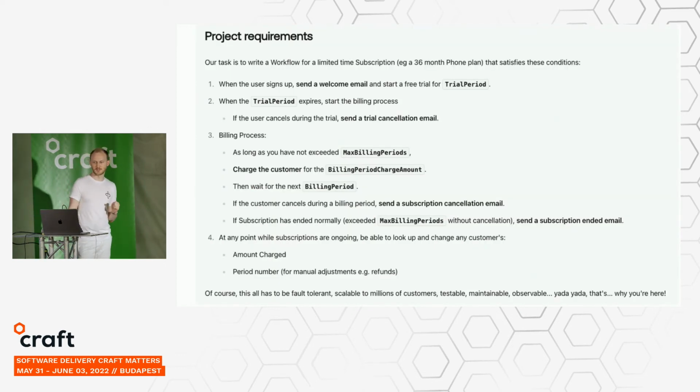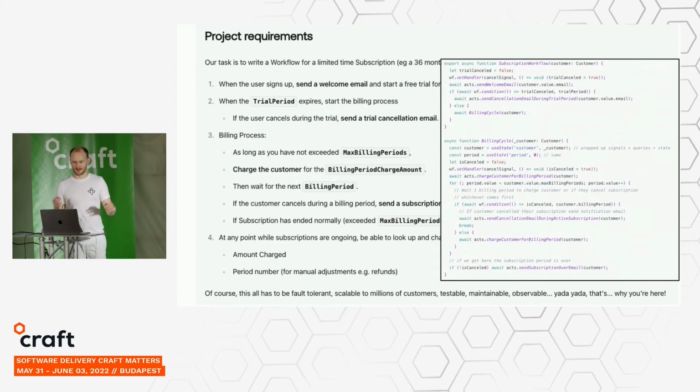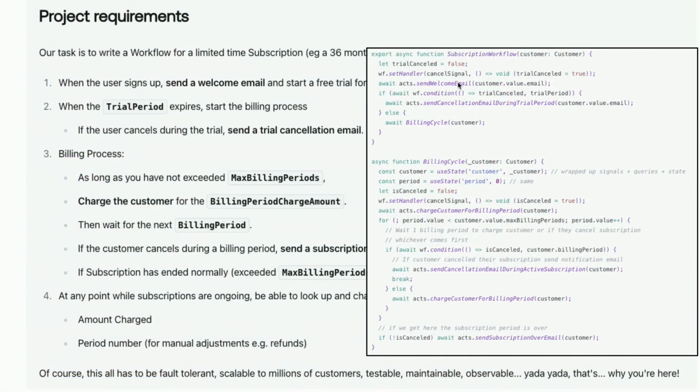Here's an example subscription project: requirements with a trial period and maximum billing periods, and the need to be able to update the amount charged or the number of periods remaining in the subscription. And here's that business need in code in 20 lines. I think it's big enough to see. So it's a subscription workflow that has a cancel signal and sends a welcome email.